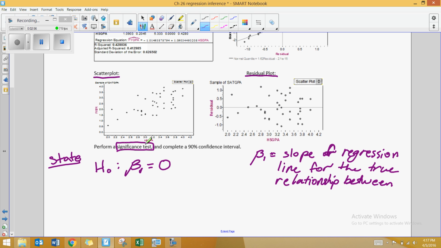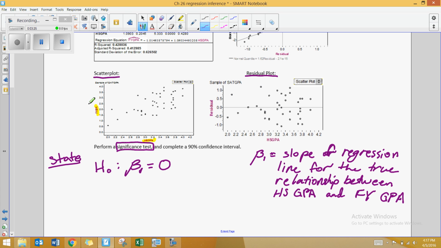between what? Well, what variables are we talking about? We're talking about high school GPA and freshman year GPA. I'll just abbreviate them the same way, high school GPA and freshman year GPA.